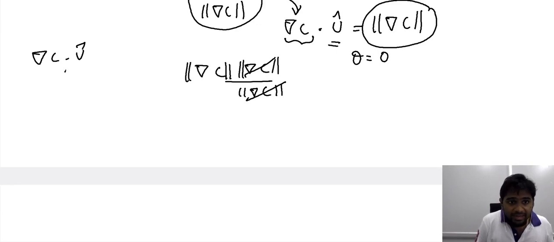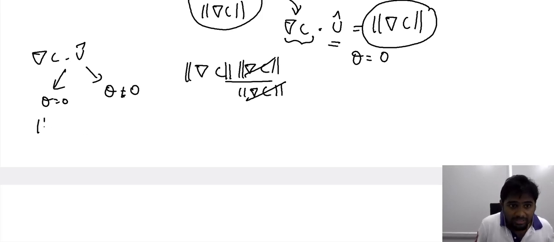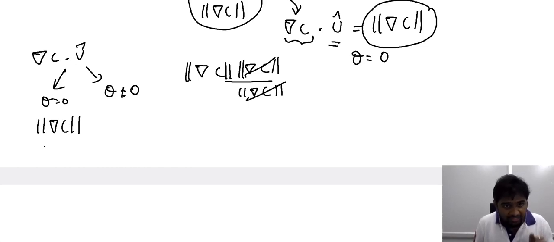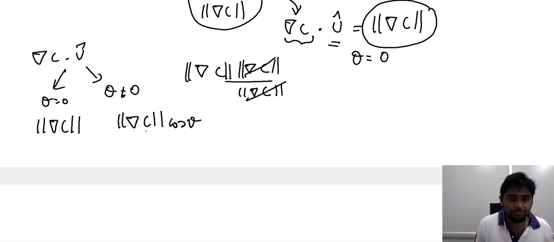One, it can align itself in the direction of the gradient, that is theta will be 0, or theta will not be equal to 0. If theta is 0, then the dot product will yield me the norm of the gradient of concentration. If it is not equal to 0, then I will end up having this expression here.